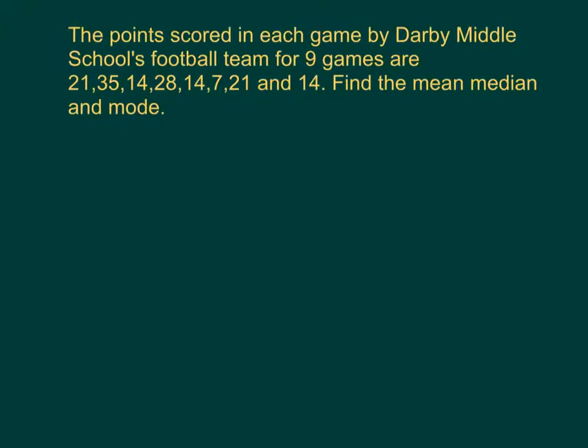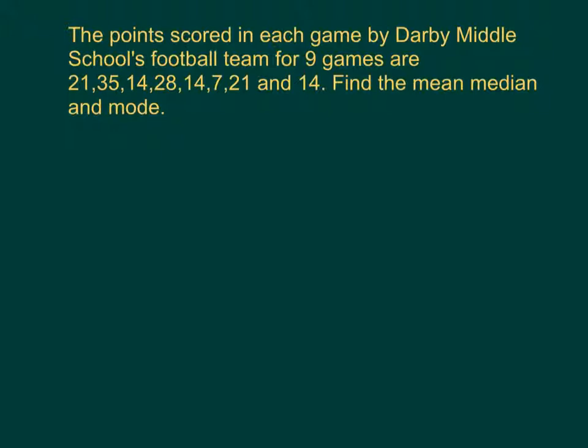So let's look at this example and kind of combine everything together. The points scored in each game by Darby Middle School's football team for 9 games are 21, 35, 14, 28, 14, 7, 21, and 14. Find the mean, median, mode of this data. So to find the mean, which is the average, you have to add all the numbers together.